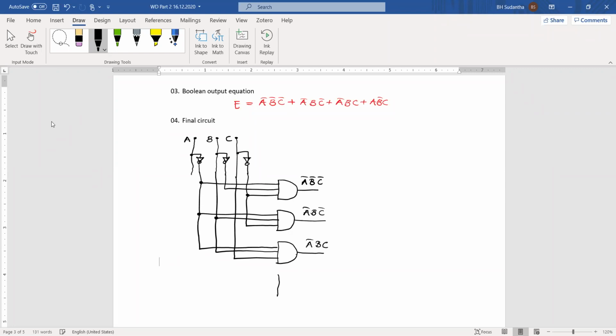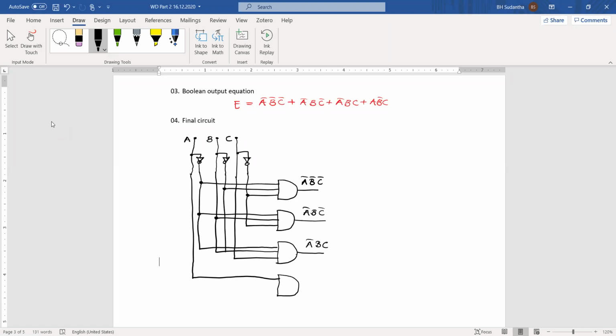Fourth term. We can take a 3 input AND gate, and we need A, and B bar.